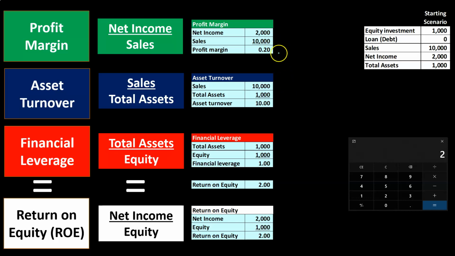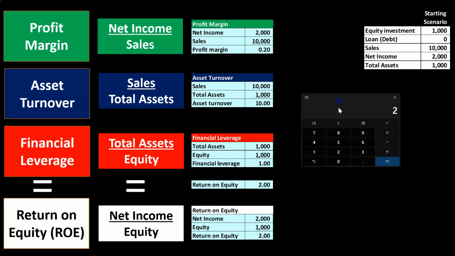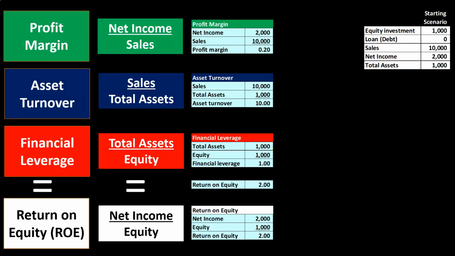Return on assets is calculated as net income divided by the assets, which are 1,000, and that would give us 2. So these 2 will actually be the return on assets, and they're going to be the same here because there is no debt at this point in time, because there's no loan taken out. That means that the assets and the equity are the same at this point.